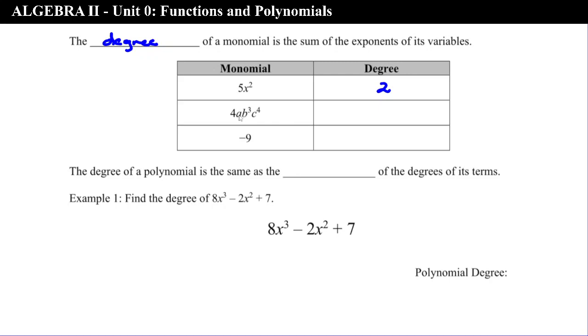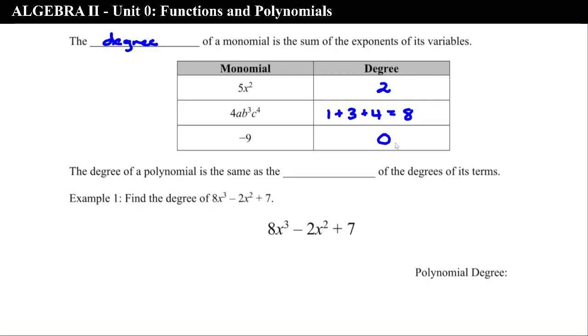In the second example, we have three variables, a, b, and c. This a is raised to the first power, even though it's not written there, it's understood to be there. So we got a to the 1, b to the third, c to the fourth. So if we add those exponents together, that would give us the degree of that monomial, which would be 8. Now if we have just a number, there's no variables, so there's no powers happening, so the degree of this would be 0.